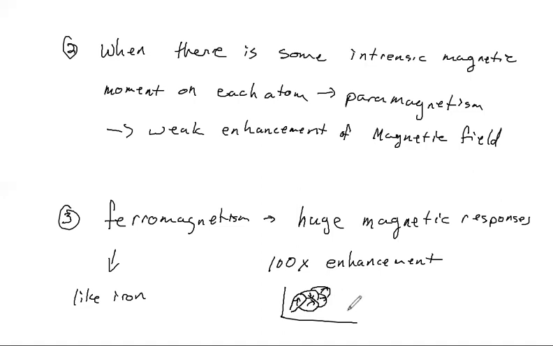If they are in the presence of an external magnetic field, then all the domains can align, and that's when you have magnetized, say, a piece of iron.